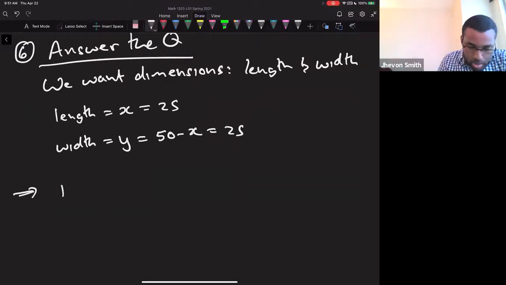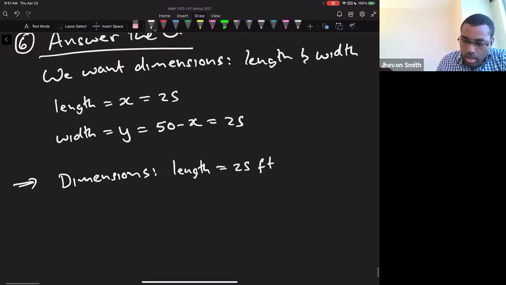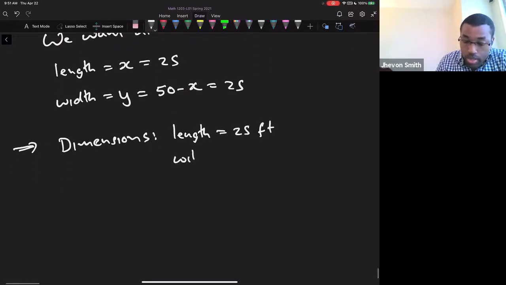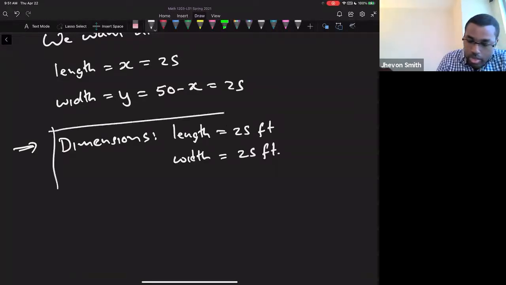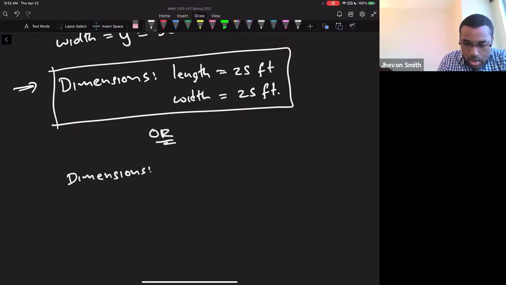So the dimensions are length equals 25 feet, width equals 25 feet. So it's actually a square. The rectangle with the maximum area is a square. Another way you could say this is that it's a 25 by 25 foot enclosure.